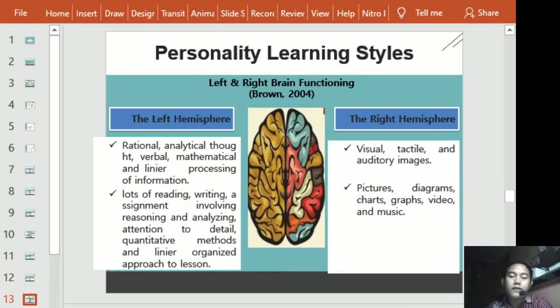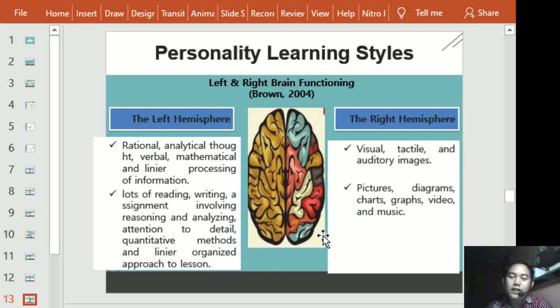And then it has been acknowledged that a significant issue in foreign language learning is that, as children's brains mature, various functions in the brain become lateralized to the left or to the right hemisphere. According to Brown 2004, we have left and right brain functioning.